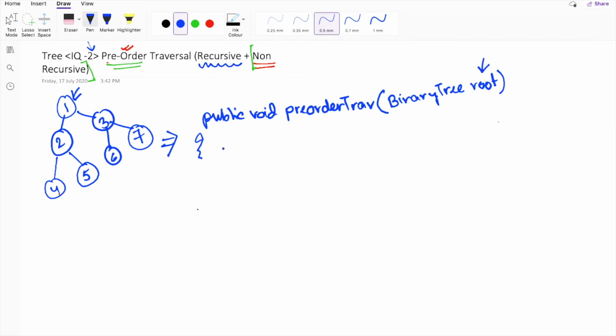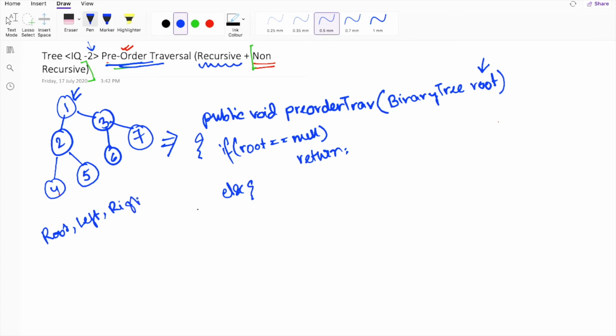So the first check that we have to do is whether the root is equal to null or not. So if the root is null, means there is no tree present over here, we will just return from the function, means we do not have anything to print since there is no tree over here. Else, we know that for the pre-order traversing the order of printing is root element, then the left subtree, and then the right hand side subtree.